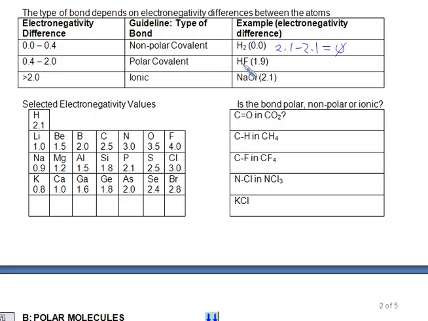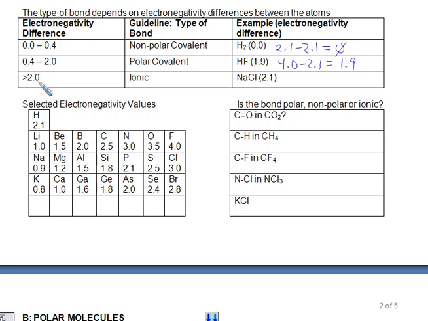Let's look instead at hydrogen fluoride. There's fluorine, which has an electronegativity of 4.0. We would subtract 2.1, that's the electronegativity of hydrogen. We get a value of 1.9. Therefore, this is a polar covalent bond.